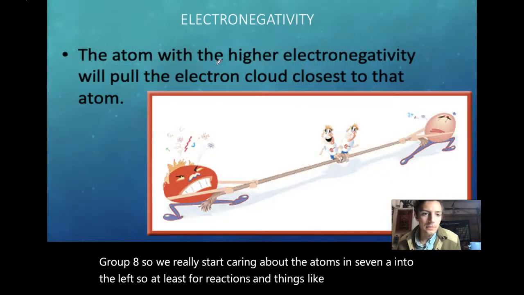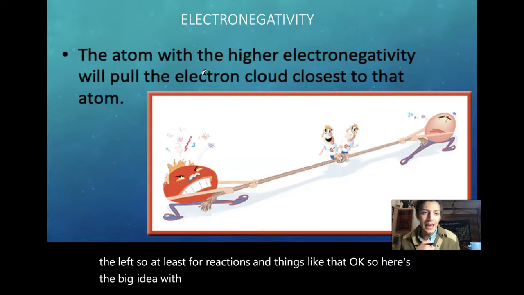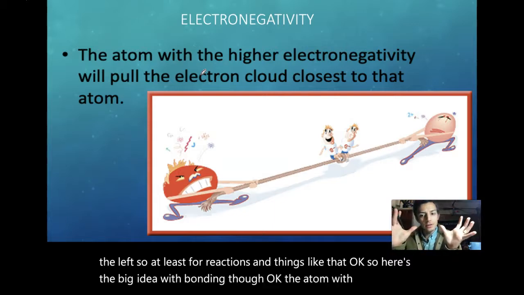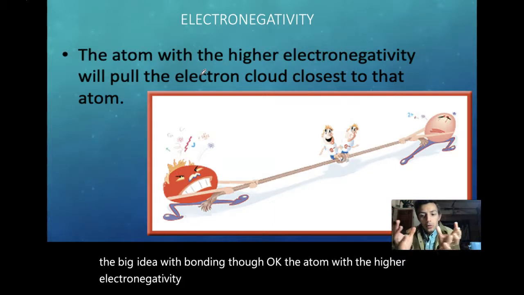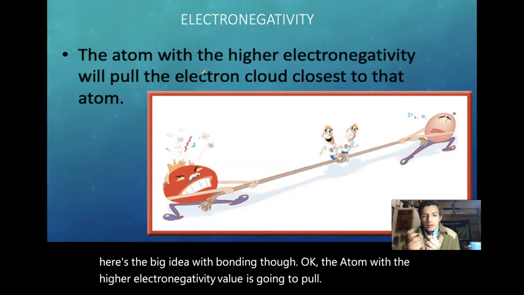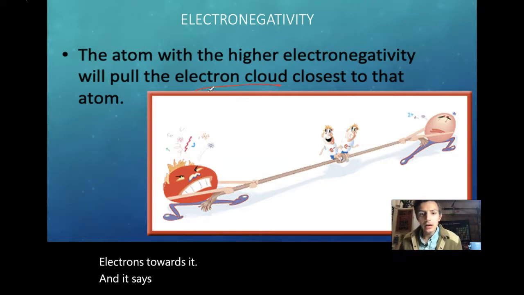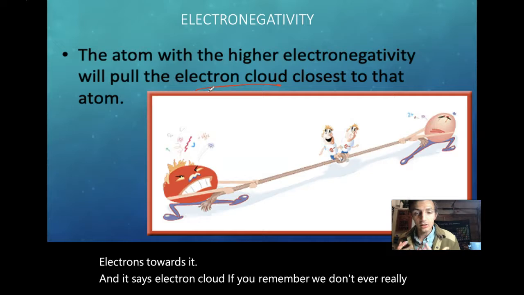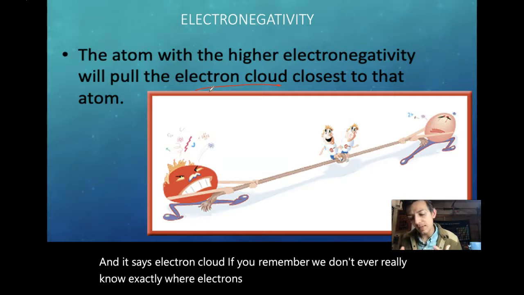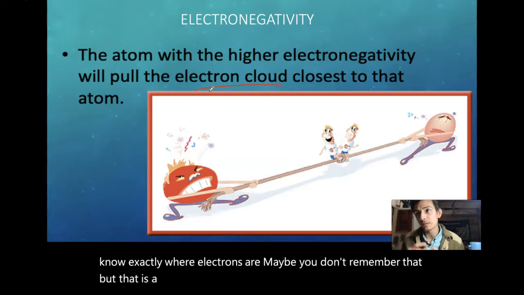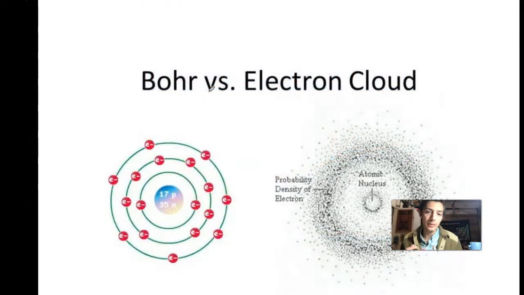Okay, so here's the big idea with bonding though. The atom with the higher electronegativity value is going to pull electrons towards it. And it says electron cloud. If you remember, we don't ever really know exactly where electrons are. Maybe you don't remember that, but that is a concept in physics and in chemistry, that we never really know where an electron is.